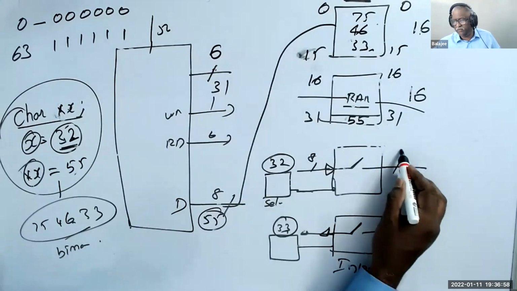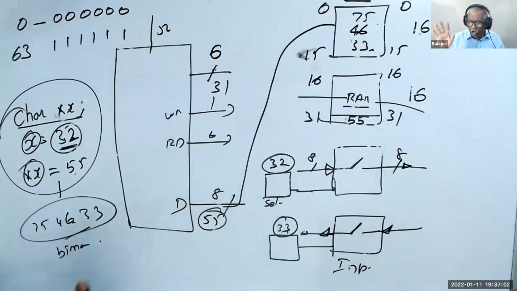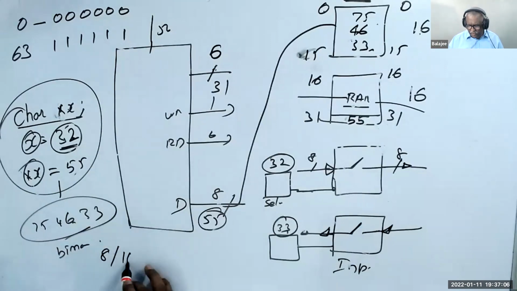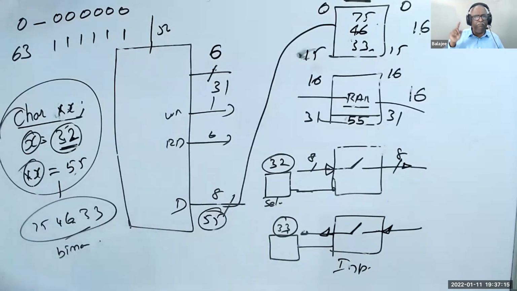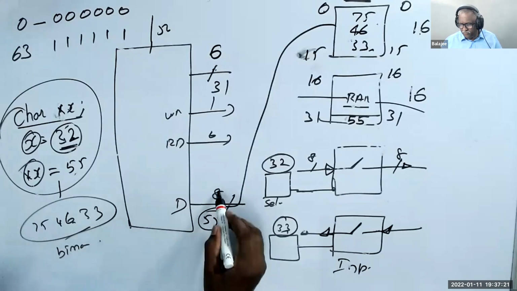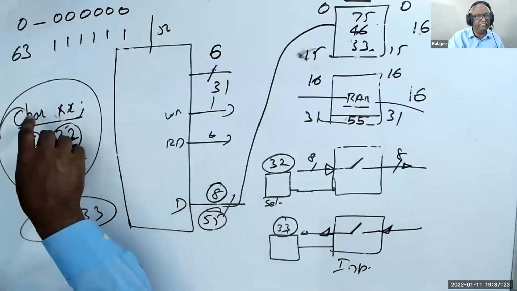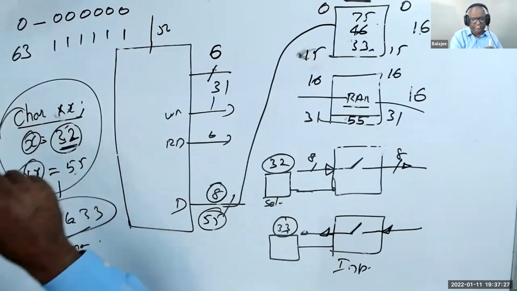Please understand one thing. There is nothing called a 1-bit microprocessor. All microprocessors, the minimum is 8: 8, 16, 32, 64. Microprocessor cannot write only 1 bit. Let me be very clear. The minimum a microprocessor can write is how many bits? 8 bits. That's why the minimum is char. Dennis Ritchie did not define anything less than char.